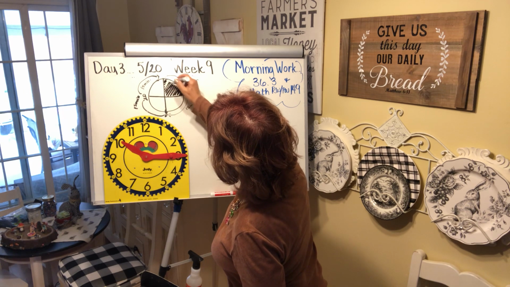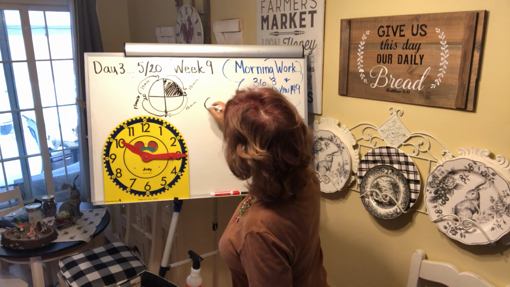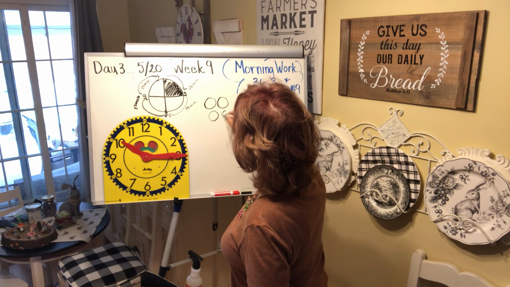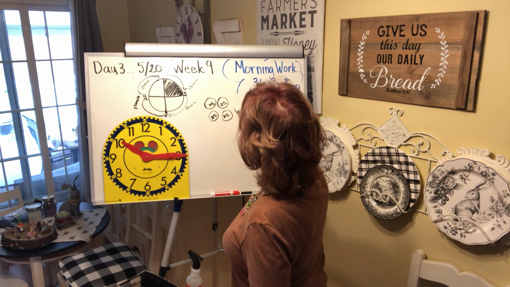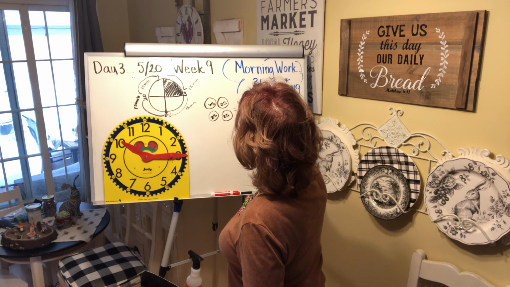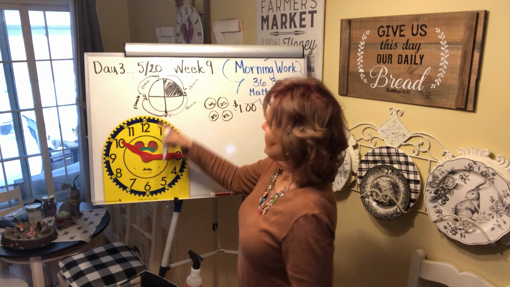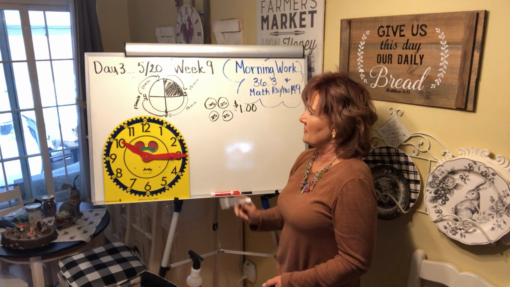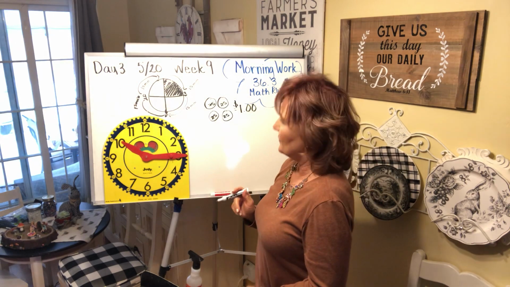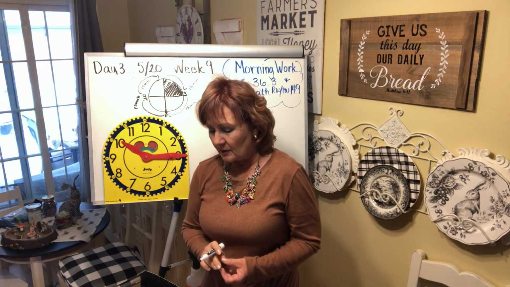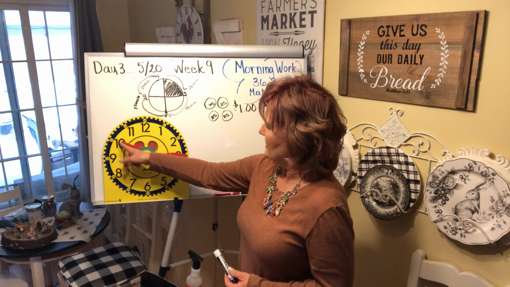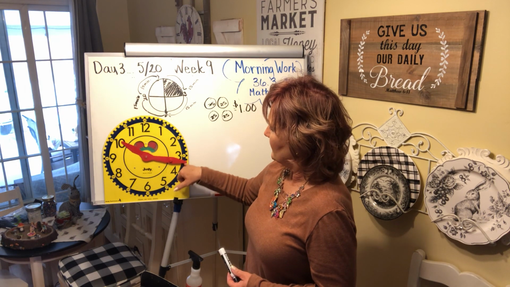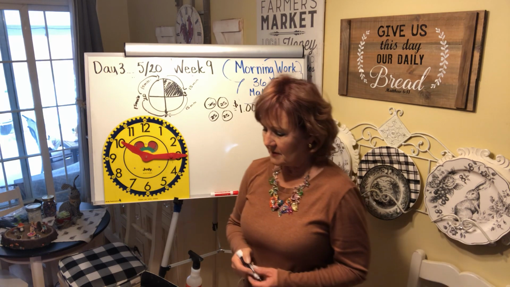When you've got 4 parts that make a whole, that's a quarter, right? 4 quarter hours of 15 minutes equals 60, makes a whole hour. That's why we call it a quarter of the way around. It points to the 3. Now it's 10:15.